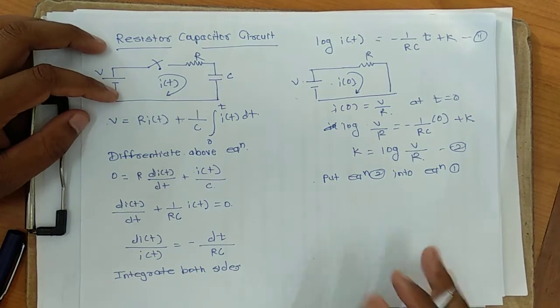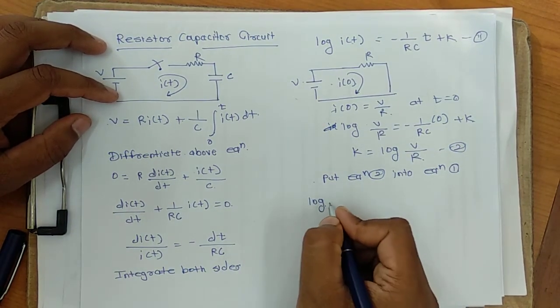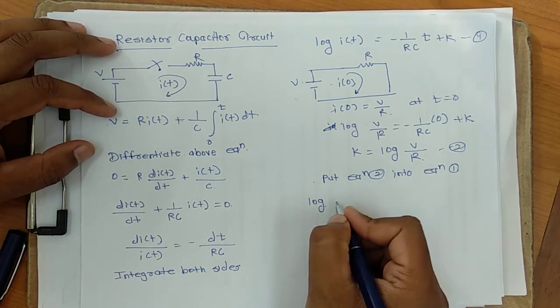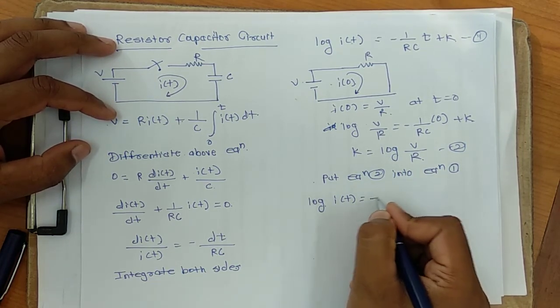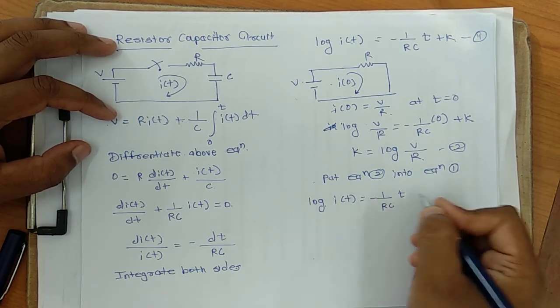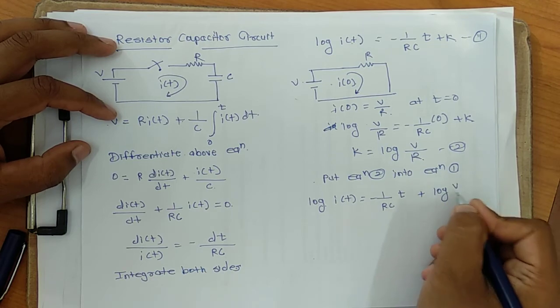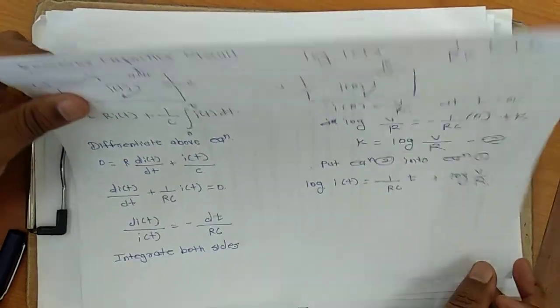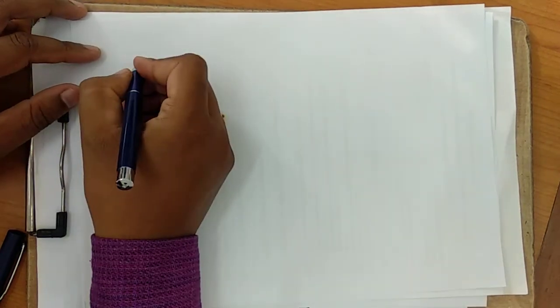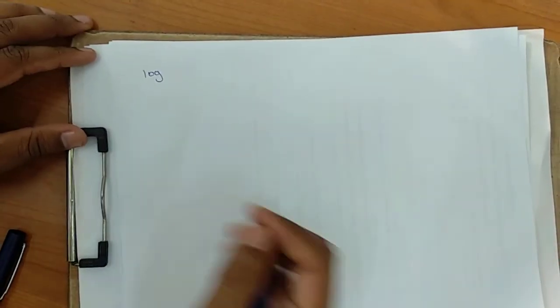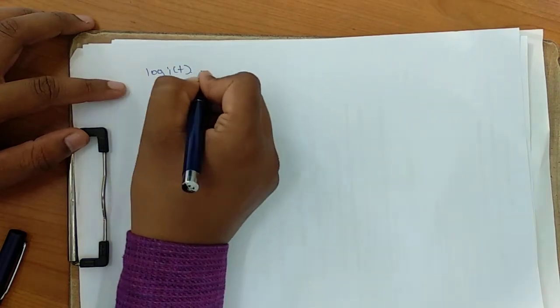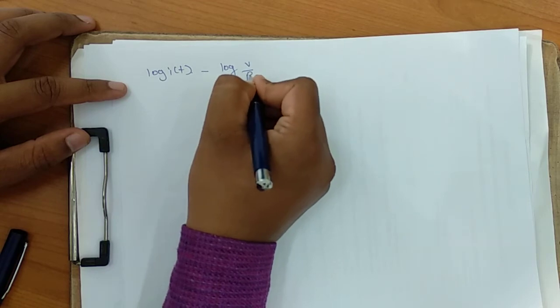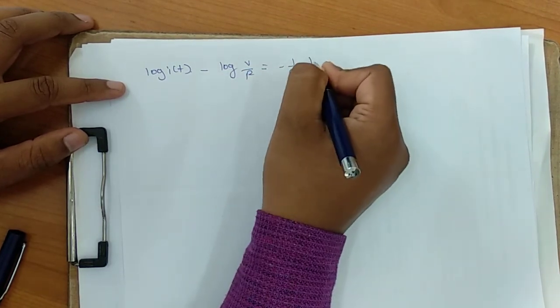So what you find is log of I of t is equal to minus 1 by RC t plus log of V by R. Now take the logs to one side: log of I of t minus log of V by R is equal to minus 1 by RC into t.